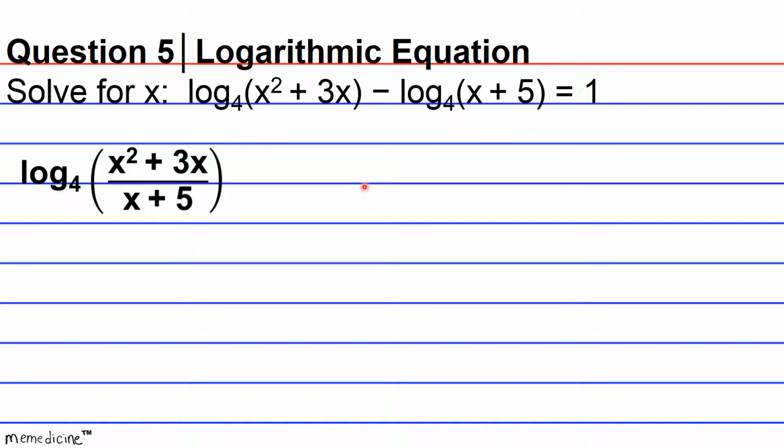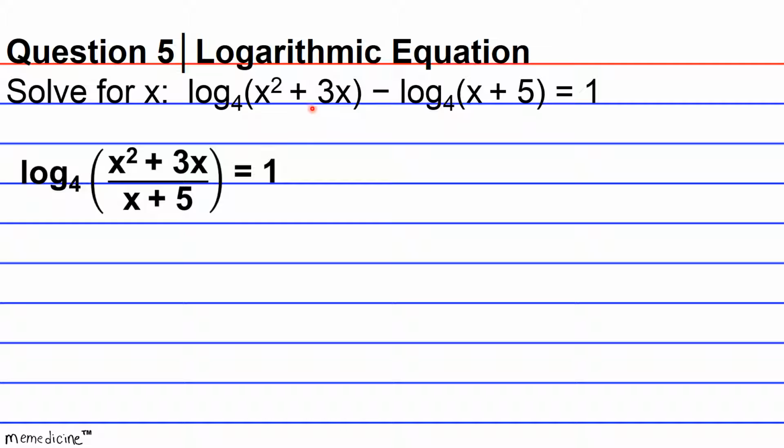The quotient property says that the difference of two logarithms with the same base is equal to the logarithm of their quotient, and the amount being subtracted is always placed in the denominator, as shown here.